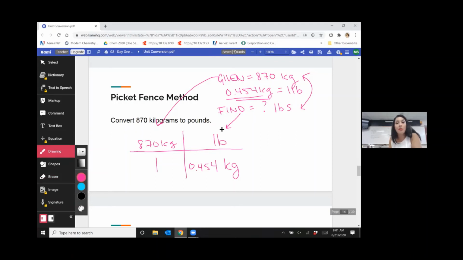And the number that corresponds to the unit of pounds in our true ratio is 1. So first things first, let's take care of the units before we do any math. Kilograms divided by kilograms is 1, so those cancel out. Multiply everything on the top, divide by everything on the bottom, and we'll see what we've got.